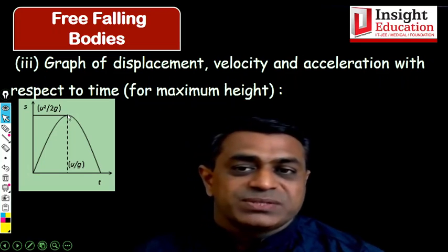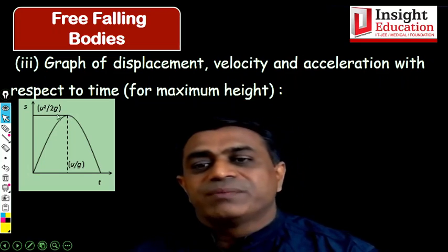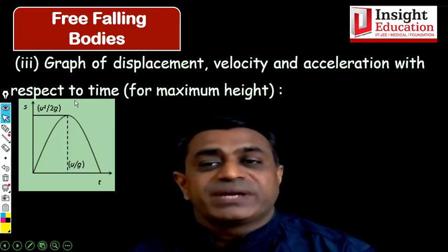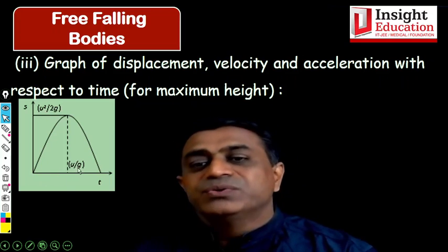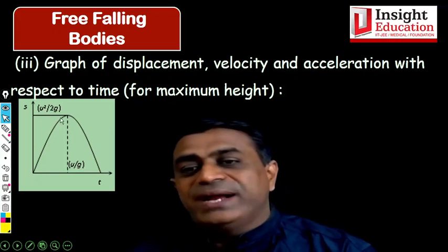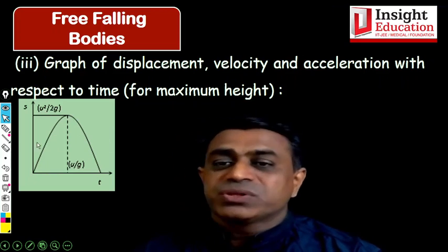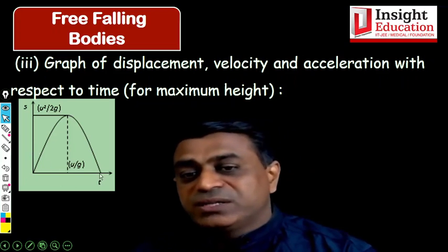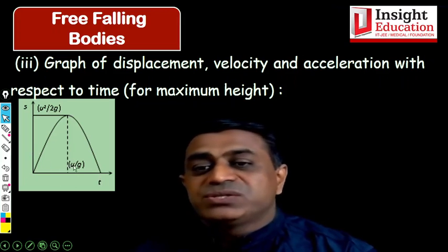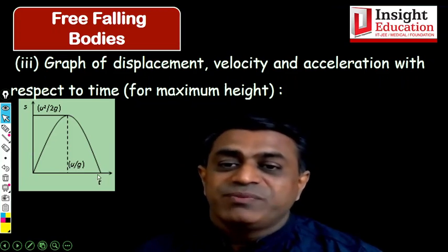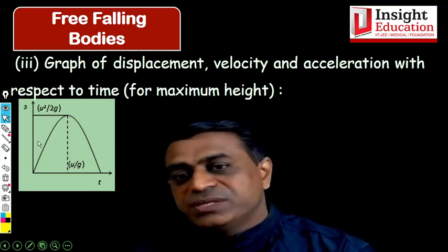For maximum distance we have derived the formula u square by 2g. And time is u by g. Time of flight during upward motion and during downward motion should be the same, so at this point time should be twice u by g. So this is the st graph.